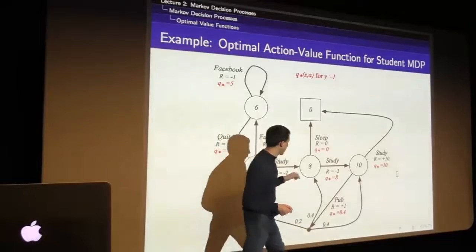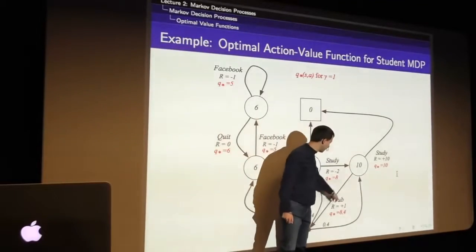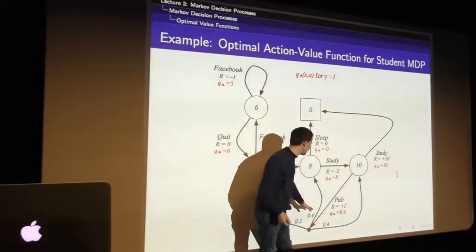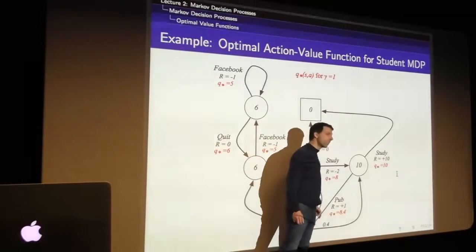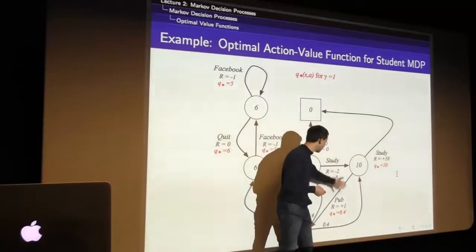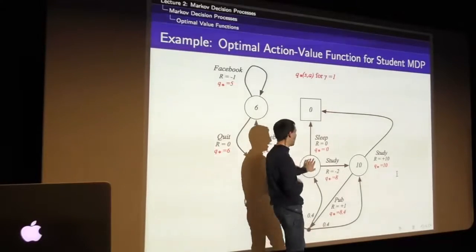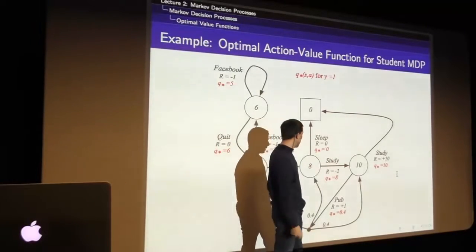Similarly, over here we didn't talk about the arc that goes down to the pub, and the value of this arc, and we'll see how to compute this in a minute, is actually 8.4. This arc is basically averaging over all the things which might happen next, looking at the values of 6, 8, and 10, and weighing them.